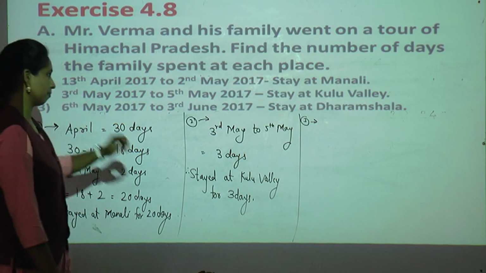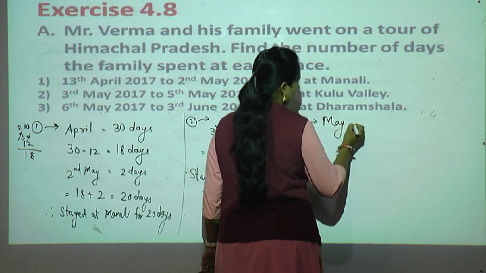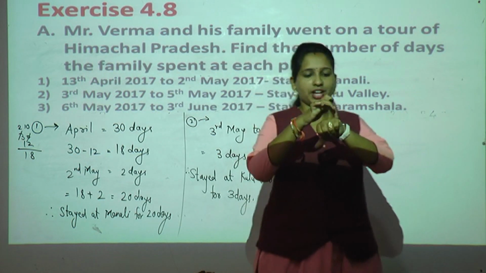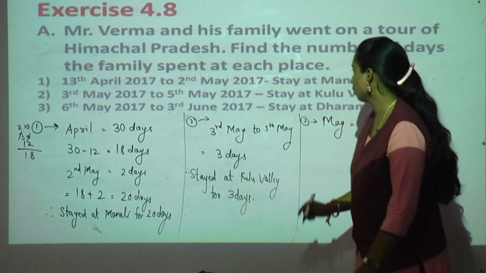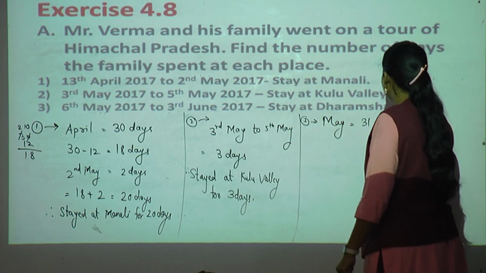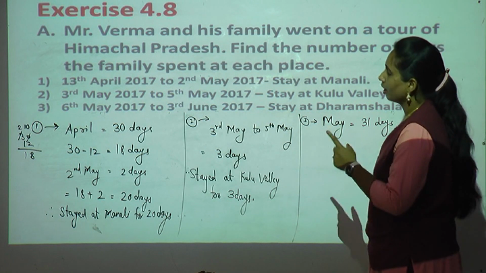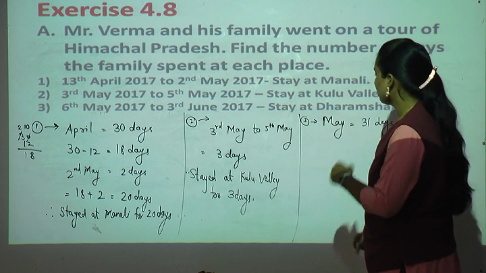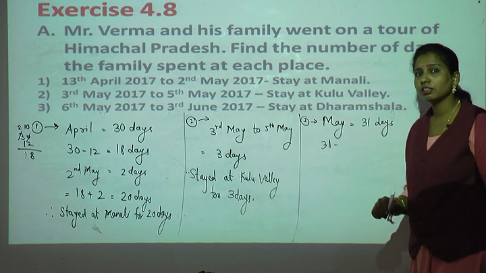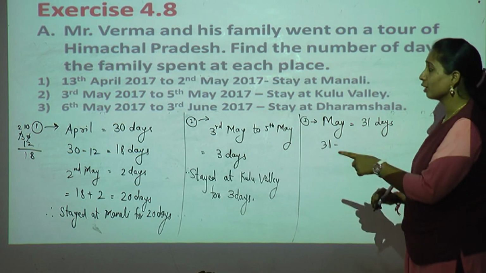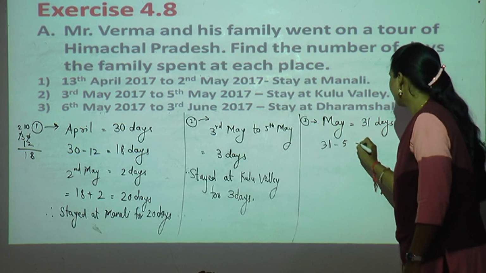Now see 6th May. How many days are there in the month of May? See, January, February, March, April, May. May comes on top. So 31 days. Okay. So from 6th May, will you do 31 minus 6 or 31 minus 5? 6 is including that day, we have to include it, so we have to subtract 5.